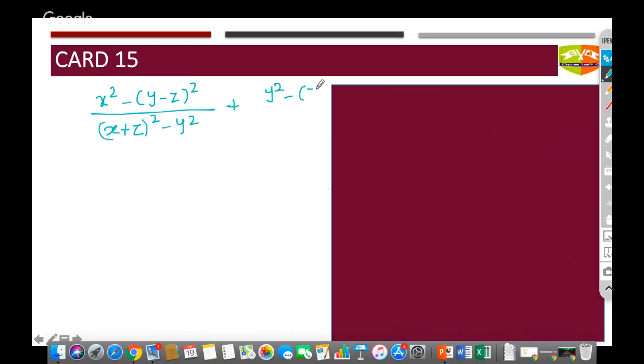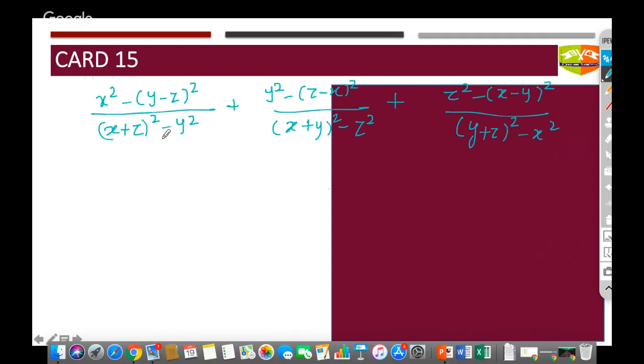So (y² − (z − x)²) / ((x + y)² − z²) + (z² − (x − y)²) / ((y + z)² − x²). Now how to do this kind of question?